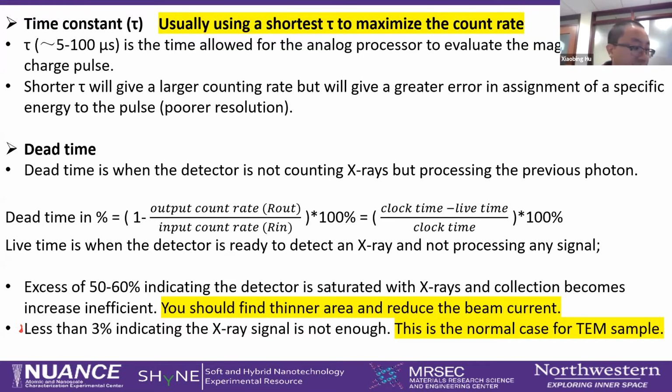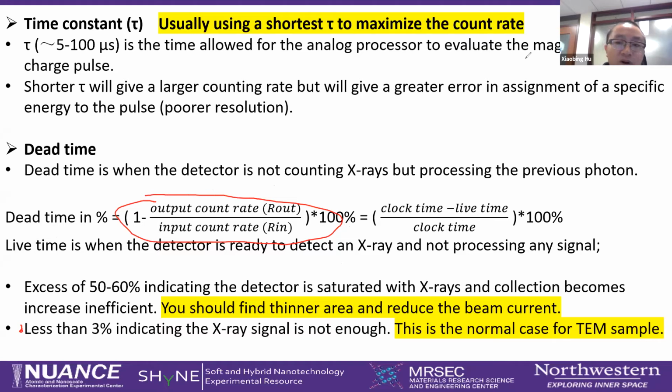That's why you have this dead time. We can define the dead time using the output rate. You can also use live time and clock time. The live time is when the detector is ready to detect X-rays and is not processing any signal.